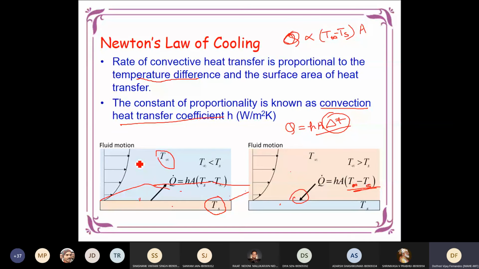Again, I have shown this profile here. That is also very important. We'll discuss that, and that is the fluid motion. You might have heard about the boundary layer in fluid mechanics. That was probably discussed. Usually there is a velocity boundary layer at the surface, and because of that we have a problem with heat transfer.